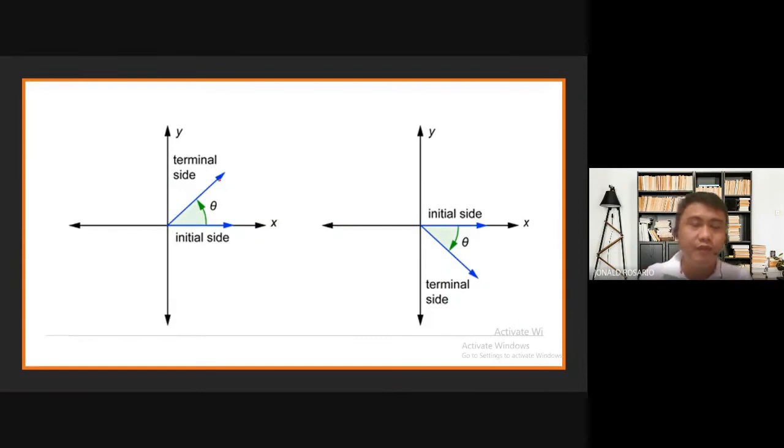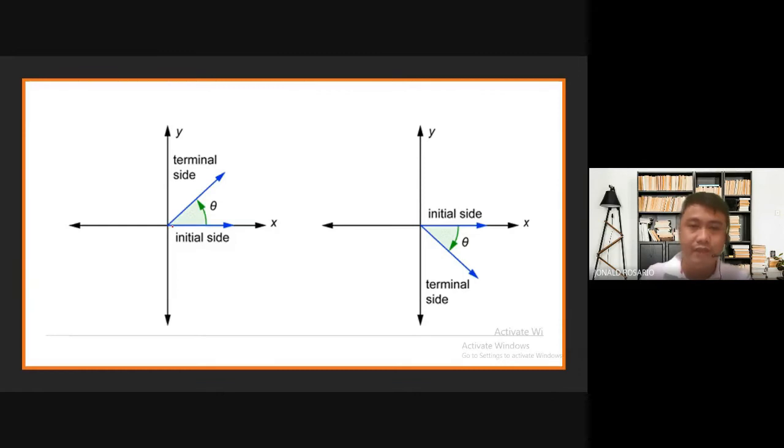if we're going to look at this one, these two angles are written in standard position. Once again, why? Because their initial sides, ang initial side nito coincide dun sa ating positive x-axis. And of course, ang vertex ng ating angle ay itong ating origin, 0, 0.